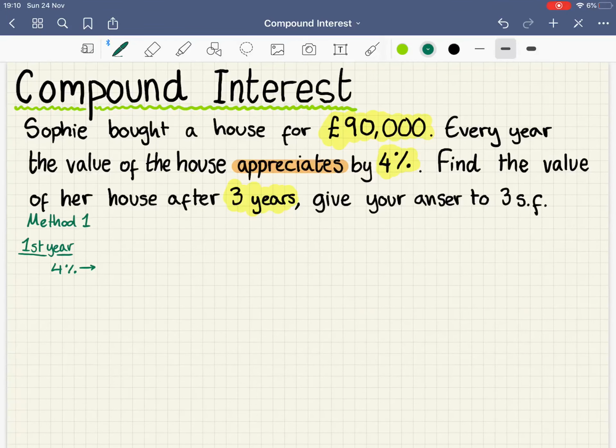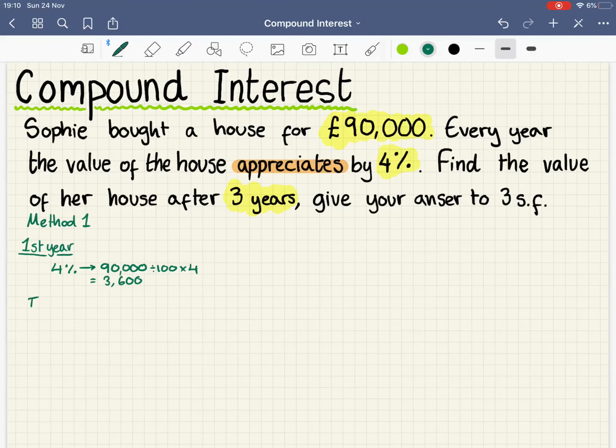Now you can do it whatever method you want. There are tons of different ways you can calculate a percentage, and a really nice, easy, straightforward way is divide by 100 times by whatever the percentage is. And when you do that, the calculator will come up with 3,600.